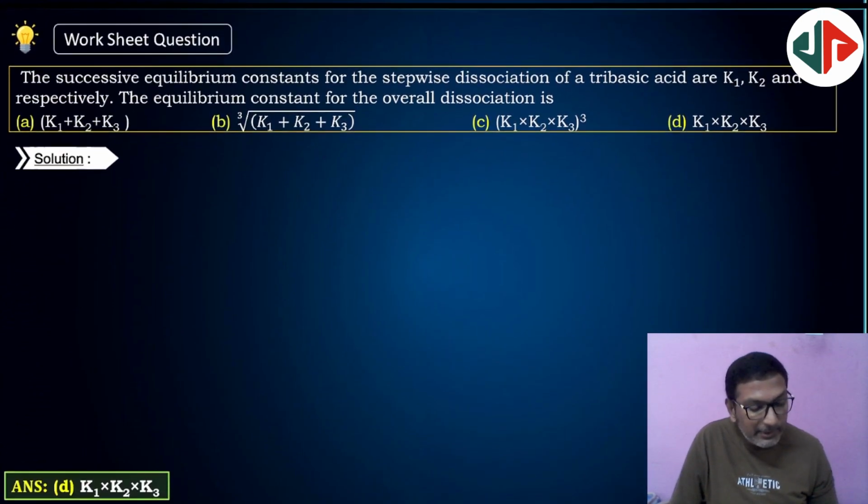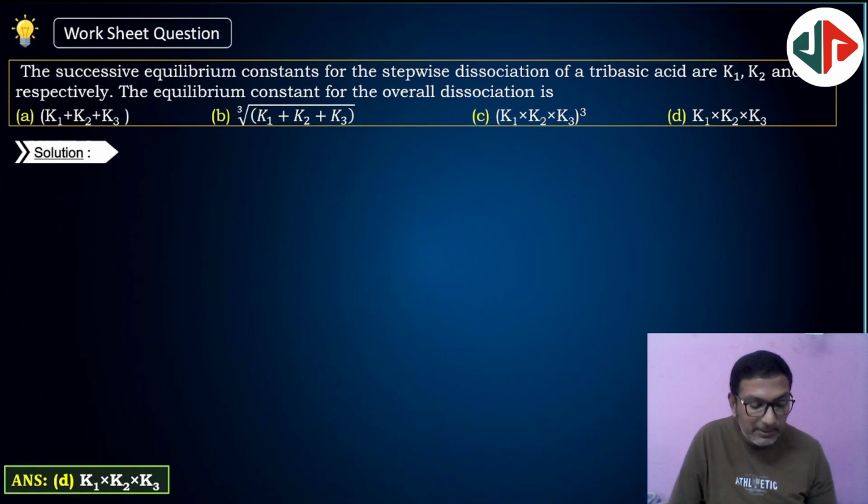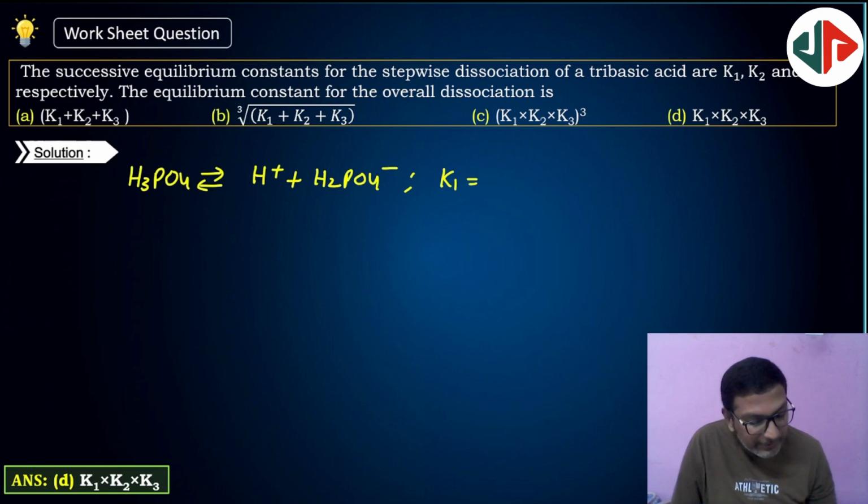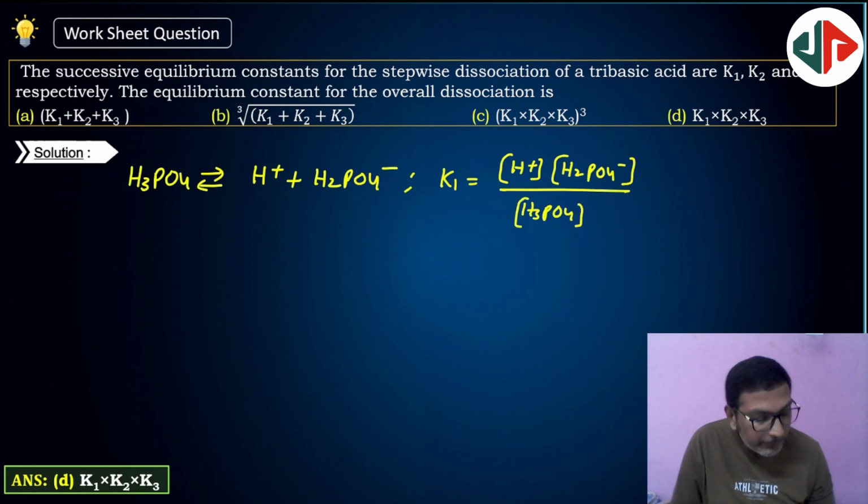The successive equilibrium constants for dissociation of tribasic acid are K1, K2, K3. Tribasic acid means I am taking H3PO4 as an example. H3PO4 gives H plus and H2PO4 minus, for this K1 equals H plus into H2PO4 minus by H3PO4.